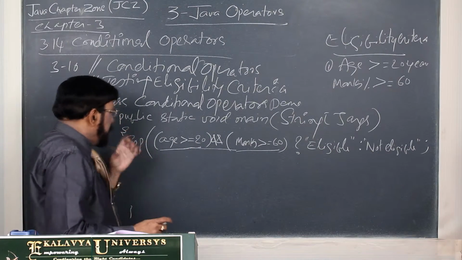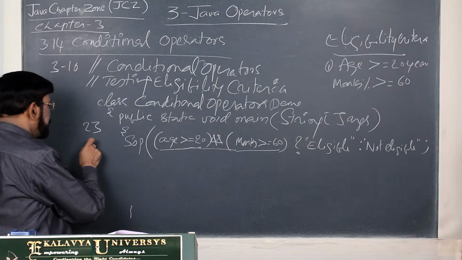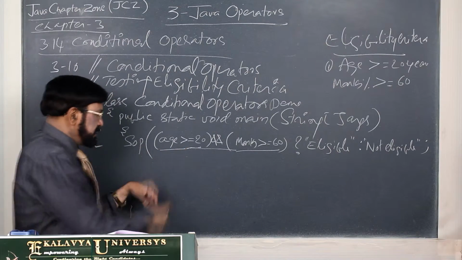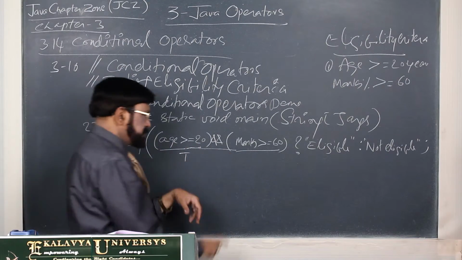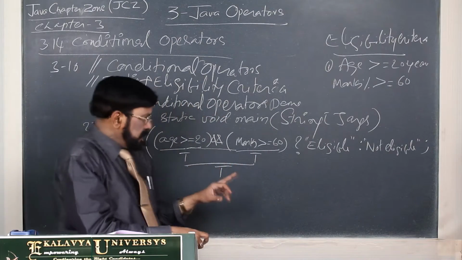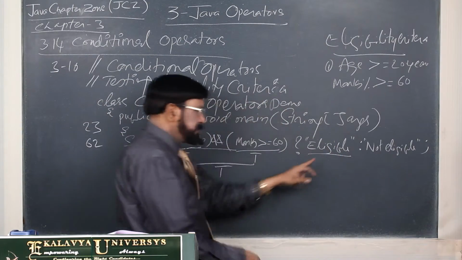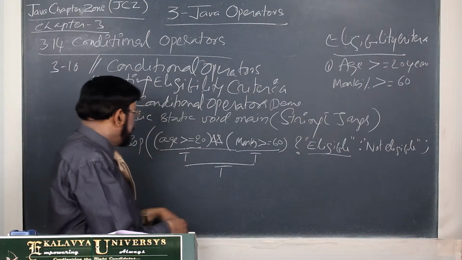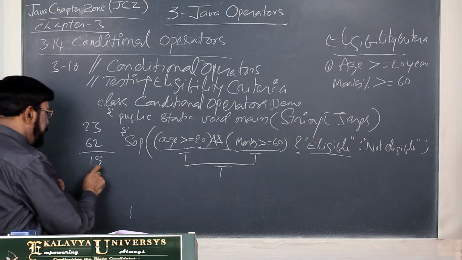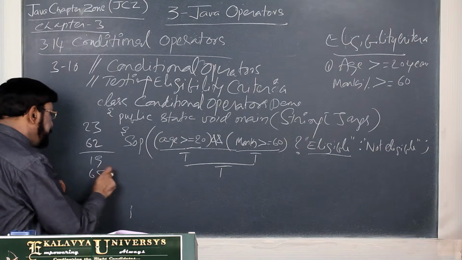Then let us see, your input is 23 years, 62%. Then 23 years, this is true, and 62%, this is true, and as a result, the result is true. Then the candidate is eligible. Another set of results: age 19 and marks percentage 65.